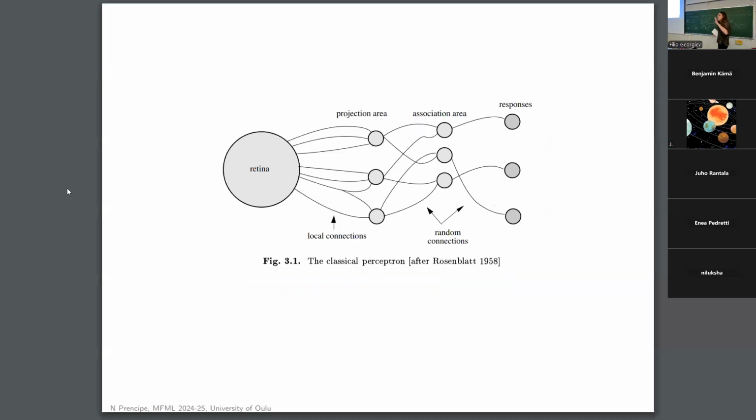So this is the original Rosenblatt model, and it comes from the fact that what he wanted to do was to create something closer to vision. That's why it's called the retina. The retina is what hits the back of your eyes, and he wanted to create something that does what the brain does to the signal coming to the retina.